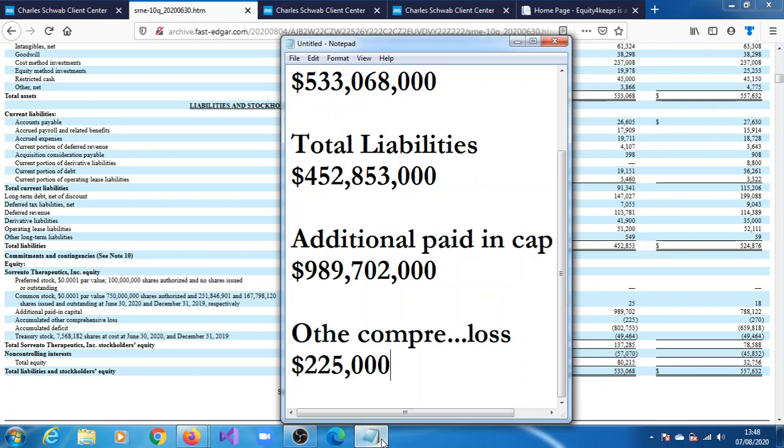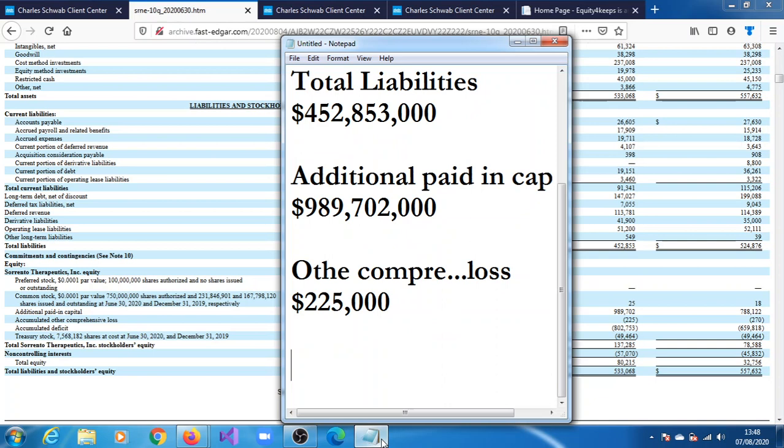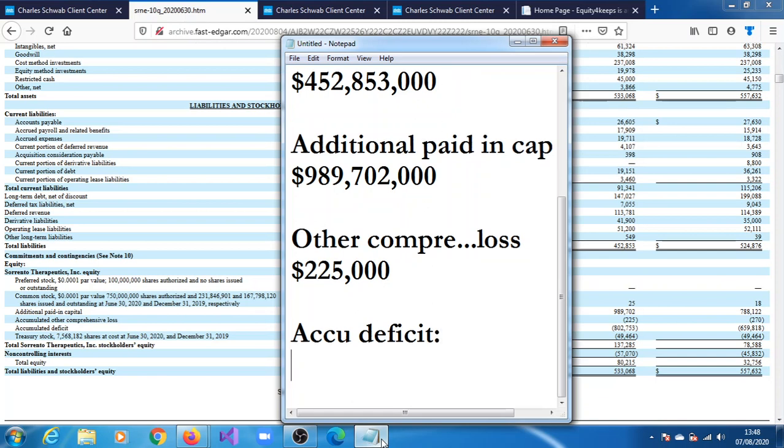Then we have accumulated deficit is 802,753,000.